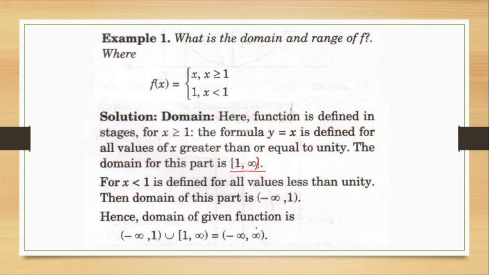So the domain of the function is the union of the open interval minus infinity to 1 and the closed interval 1 to infinity. So the domain will be minus infinity to plus infinity.